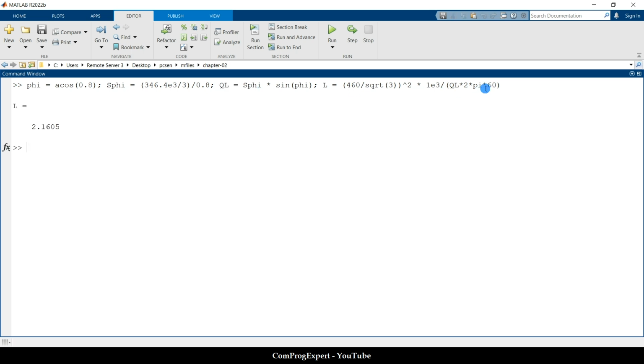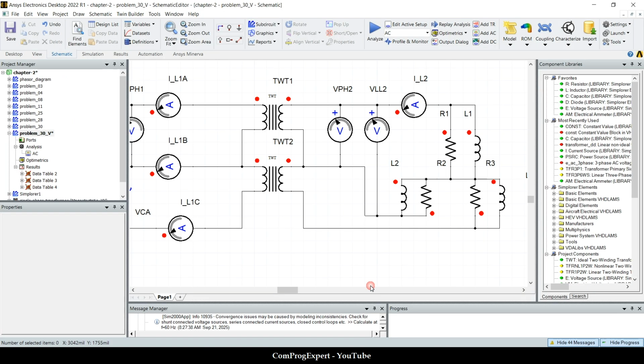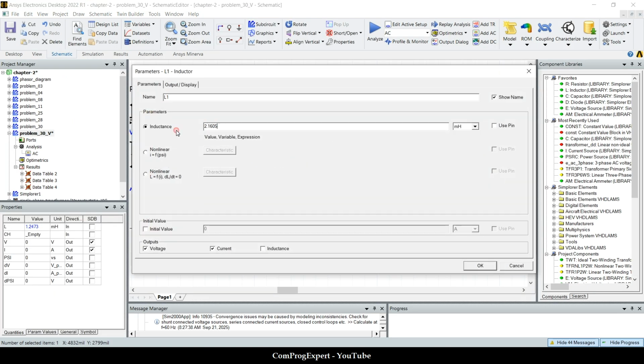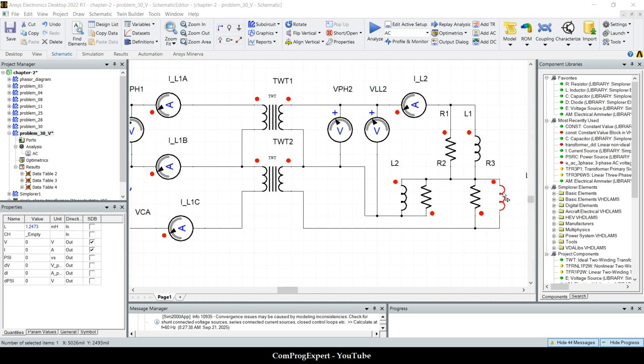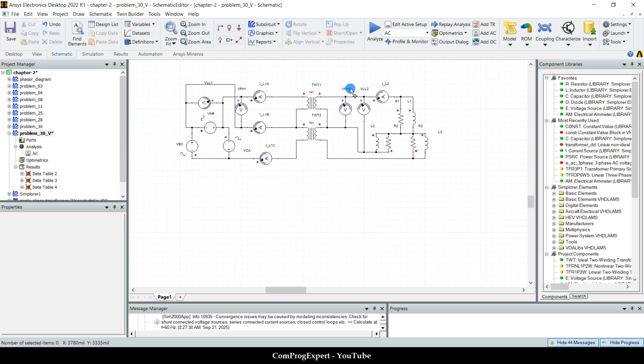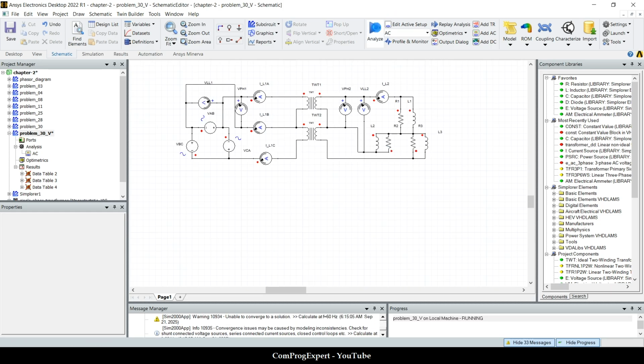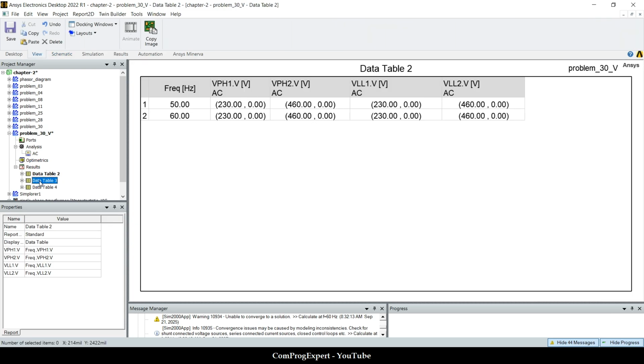So what is the value of the inductance in millihenries? It is this one. So let's set the numbers. Then we can check. Again, if I run this simulation, we can check the value of the line current.